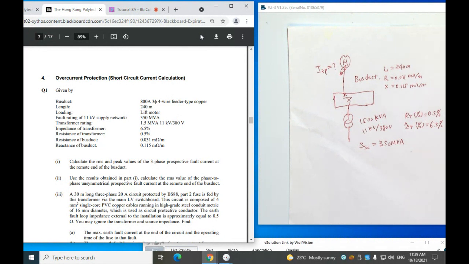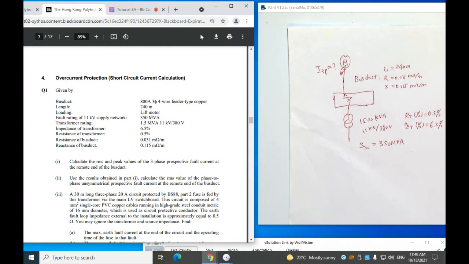Again, this is not very important because basically we want two currents: one is the 3-phase fault current, one is the earth fault current. So we'll do question 1 first, and then look at other things later.